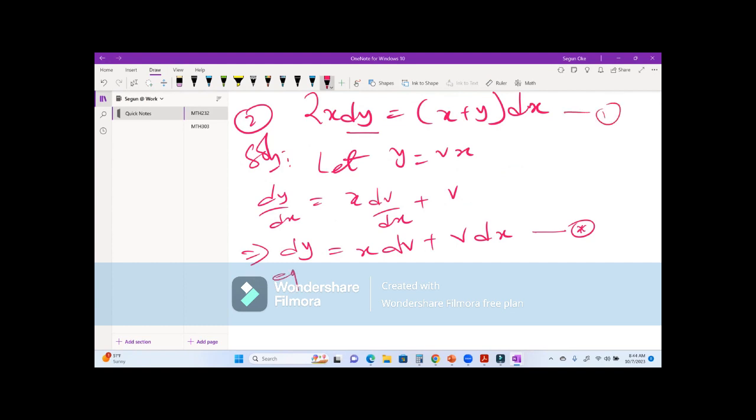Equation 1 becomes 2x in brackets, x dv plus v dx, equals x plus what is y? y equals vx, dx.